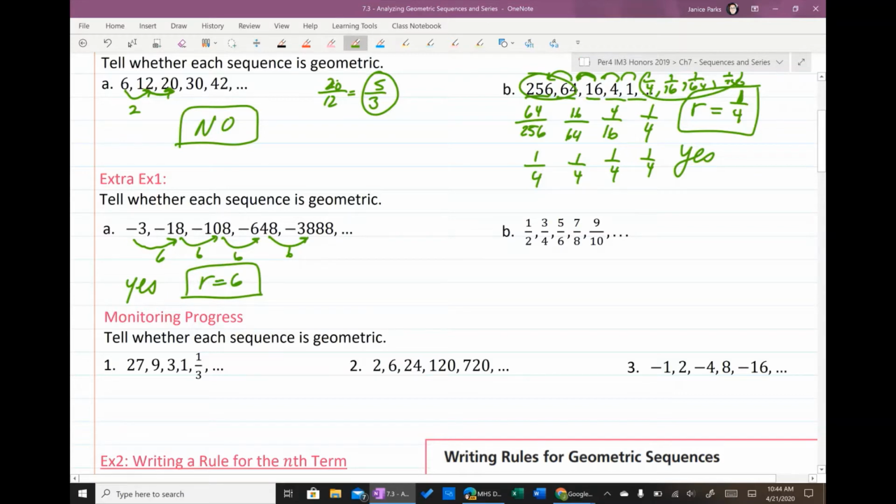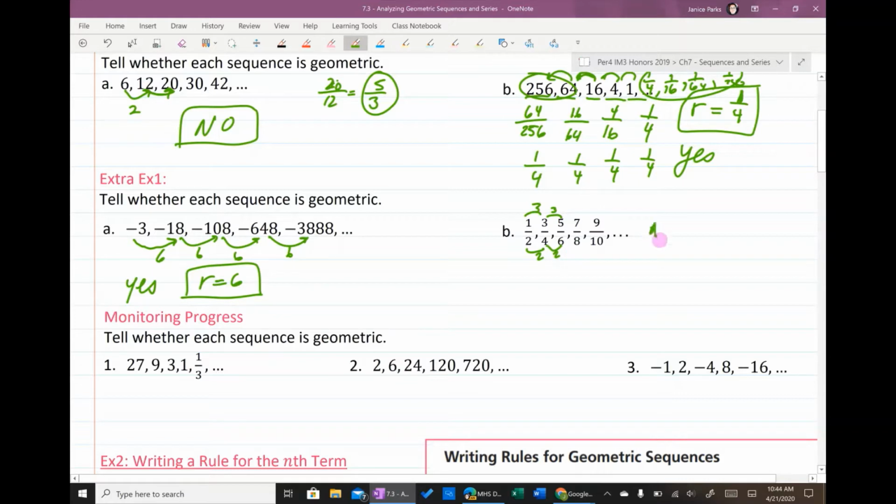Now, when you have fractions, the easiest thing to do is try the top numbers and the bottom numbers. At the top, it's being multiplied by 3 and then not by 3, and the bottom multiplied by 2 and then not by 2.